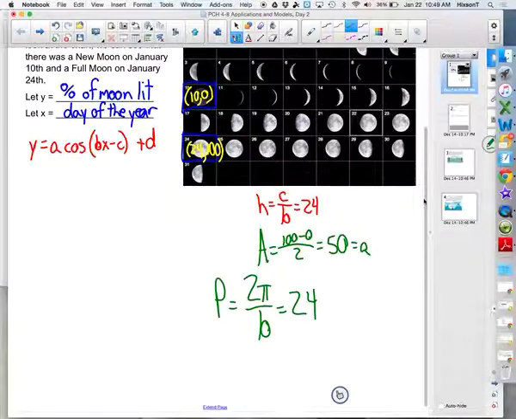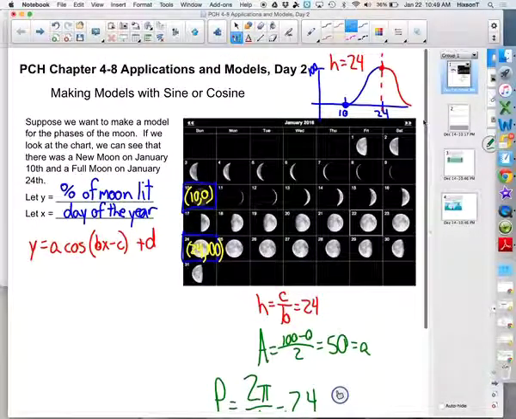Now, how are you getting 24? Because from 0 to 24 is a full period. Or no, not from 0 to 24. 24 on is like one full period. Okay. We do have to look at this to figure out what a full period would be.